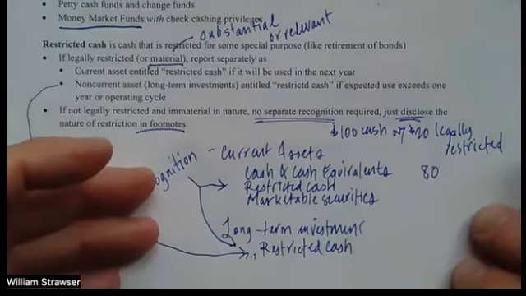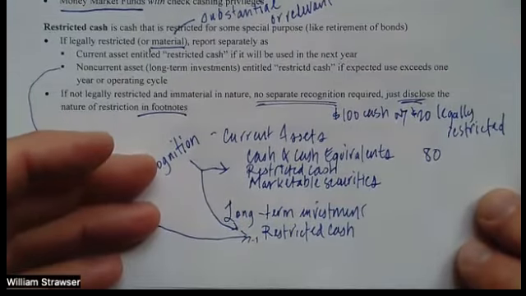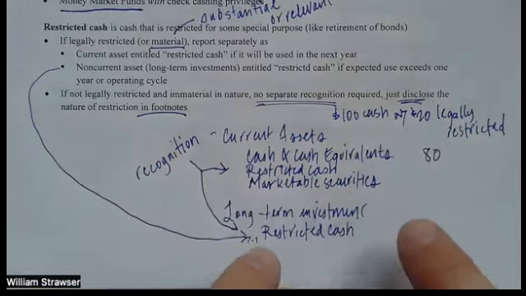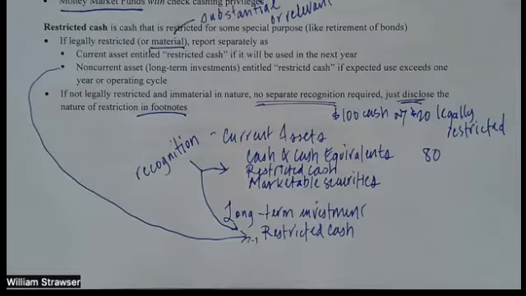Yes, we are revisiting what restricted cash indicates and how it's recognized, but also, it was in the notes for chapter 3, there's a difference.